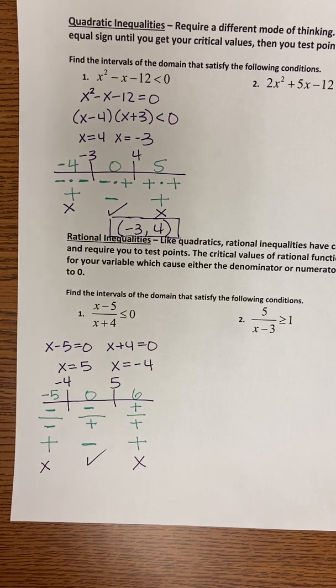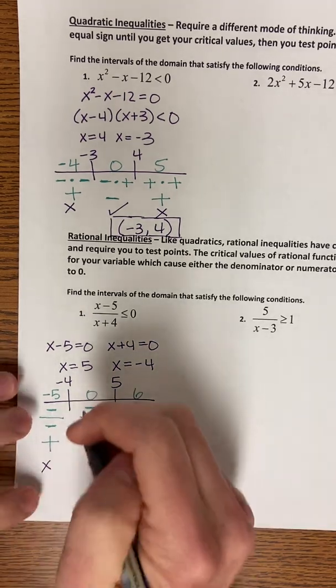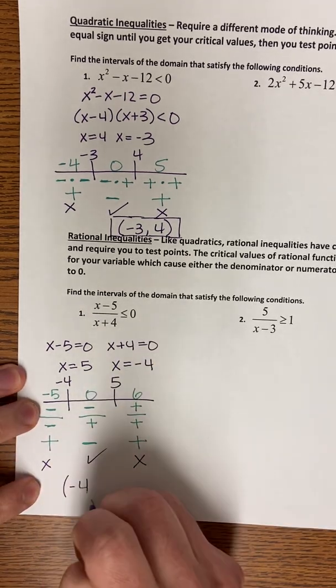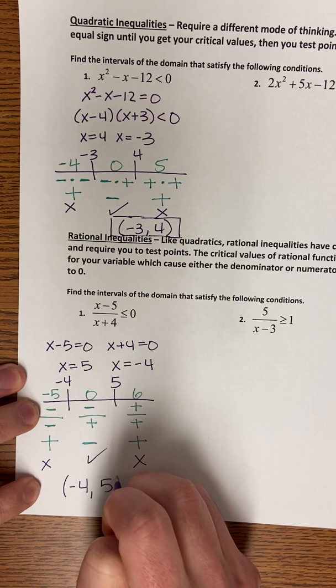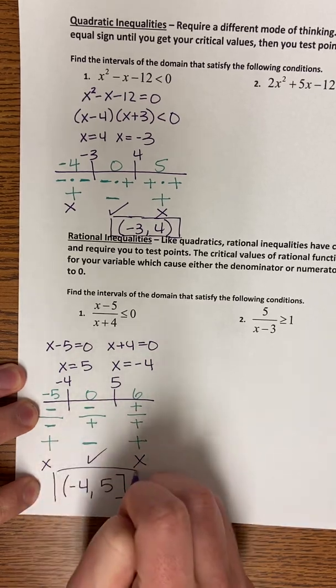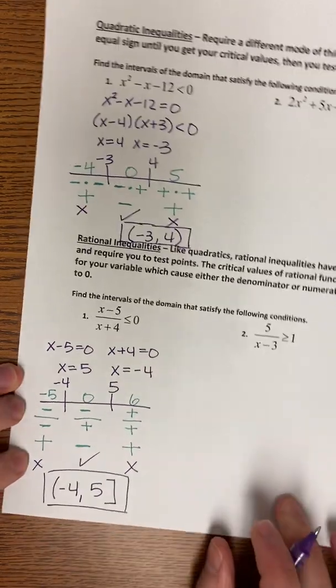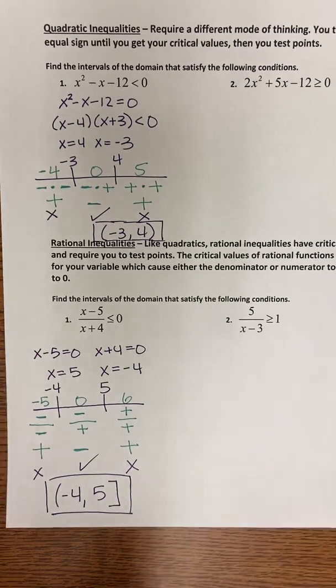So if a value comes from the denominator, you never give it a bracket, you only give it a parenthesis. So -4 only gets a parenthesis for this interval, but 5, because it comes from the numerator, will get a bracket. And I will leave the other two on this page for you to do, and we will continue these notes in the next video.